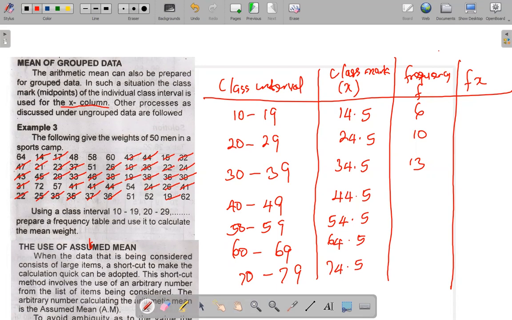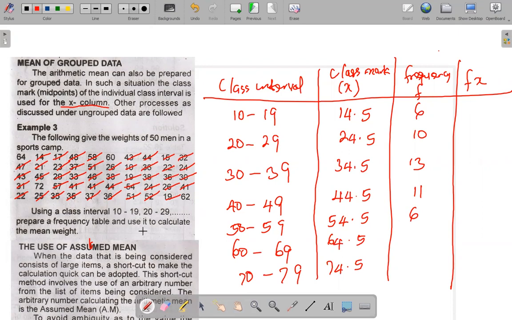Have 10 there. Did I miss anyone? Okay, 11. Then 50 to 59. 1, 2, 3, 4, 5, and 6. Have 6 there.